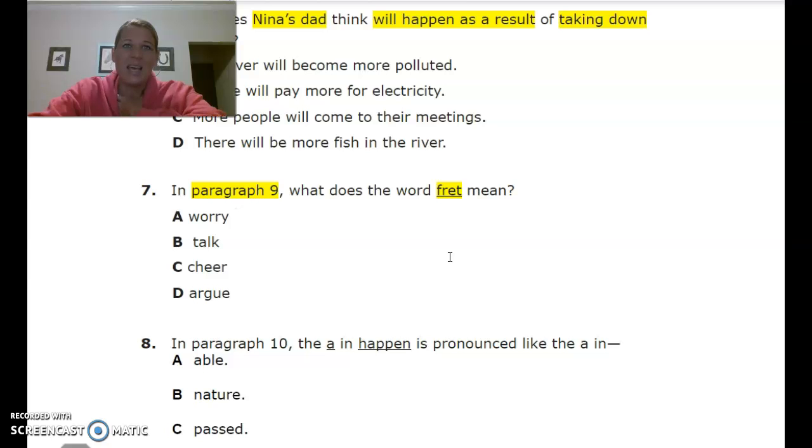Okay, if I say I don't want my horse to fret over the storm, and I plug argue into fret, I don't want my horse to argue over the storm. Does that make sense? No. Okay? Plug the word in. Ask yourself, does it sound right?